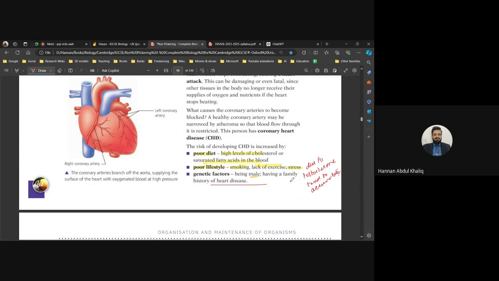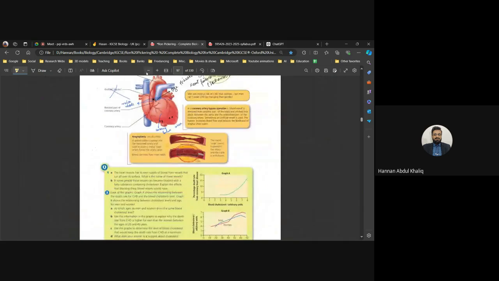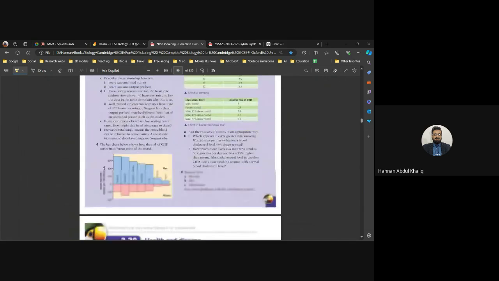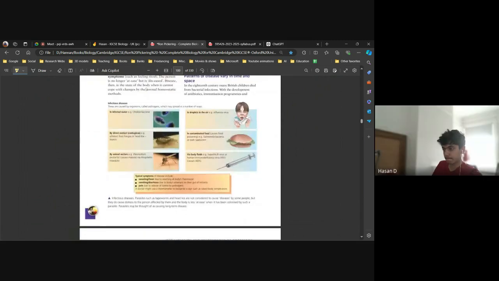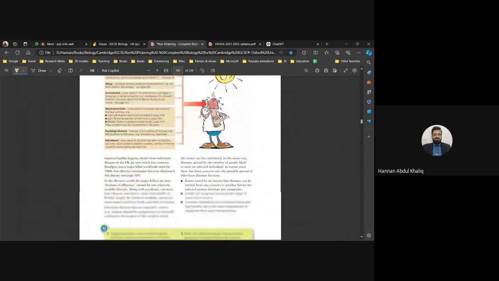A person who has a family history of heart disease has to take great care of himself or herself, because only one heart attack can take his life. Got that? Okay, that is not the chapter we'll be talking about.